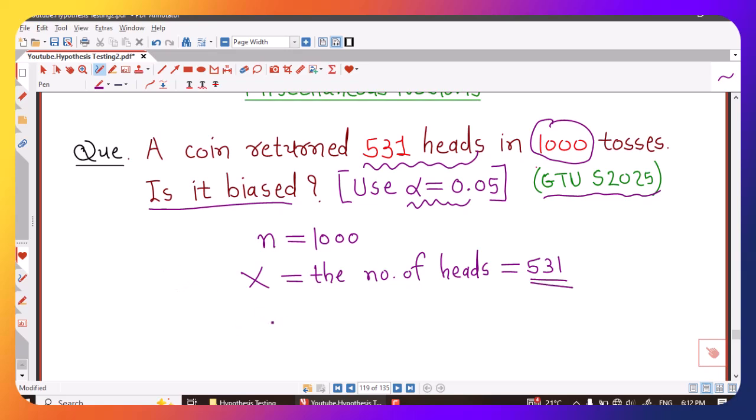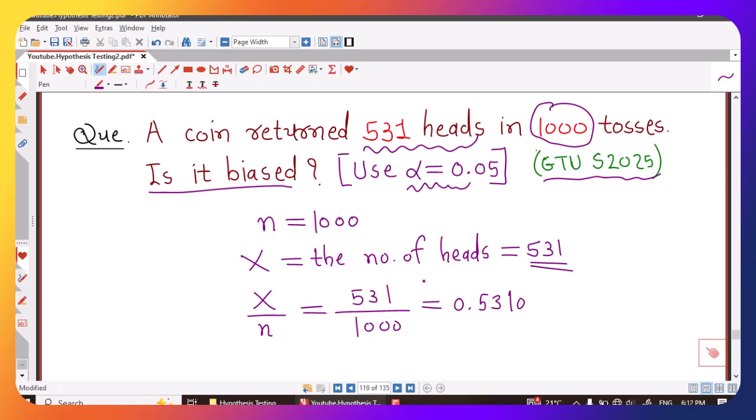That means we are given the proportion of the number of heads. We can find that proportion by dividing the number of heads by the total number of tosses, and this turns out to be 0.5310, and from this data we have to answer the question whether the coin is biased or unbiased.